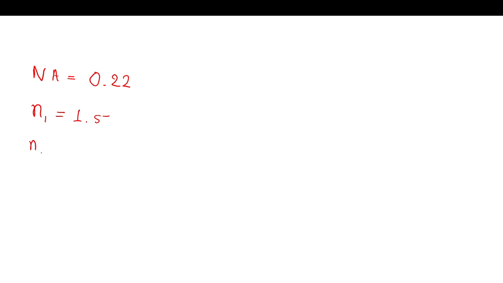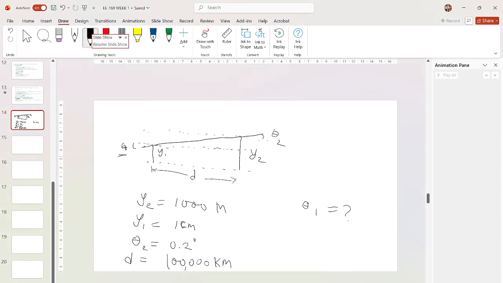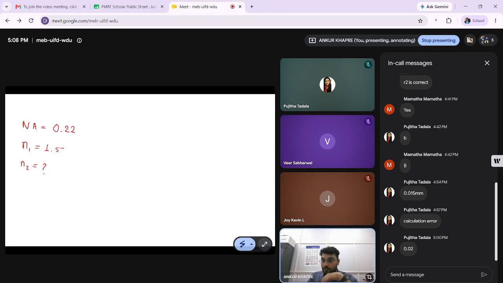What could be the cladding's refractive index? That also you need to find out. Then I'll give another question.